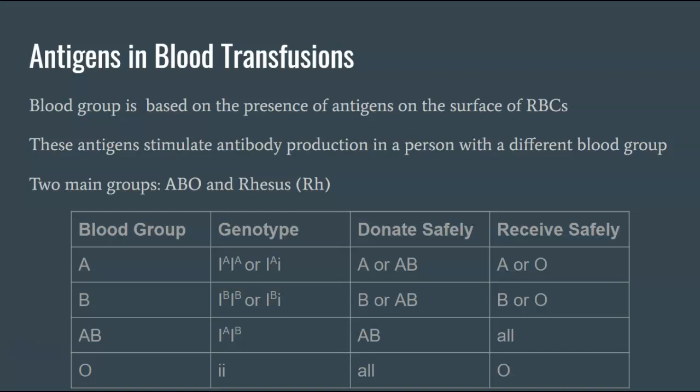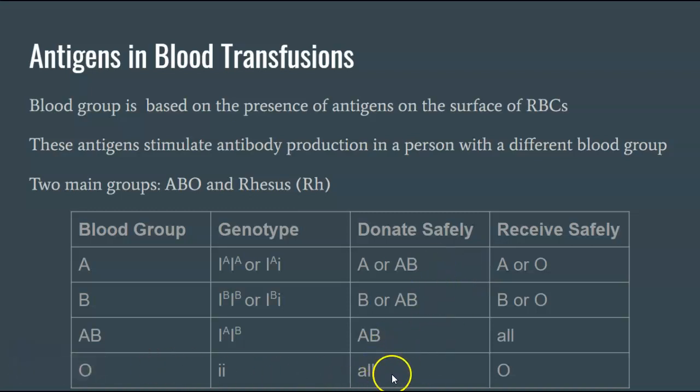So there are 2 main groups that we're going to talk about, the ABO blood group and the rhesus or RH blood group. The ABO blood group is probably what you're more familiar with. A, B, AB, O. This is your general blood type. When people ask you what your blood type is, this is generally what they mean. You can donate safely to some.